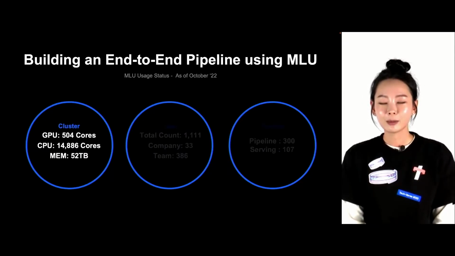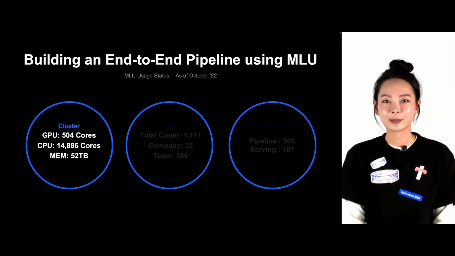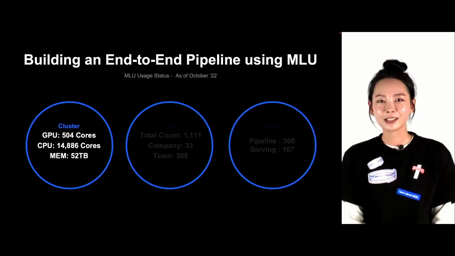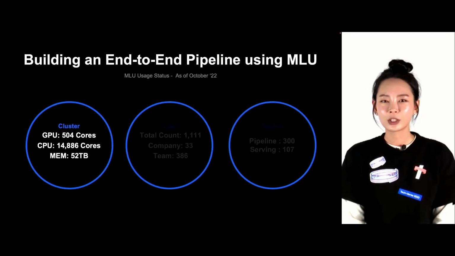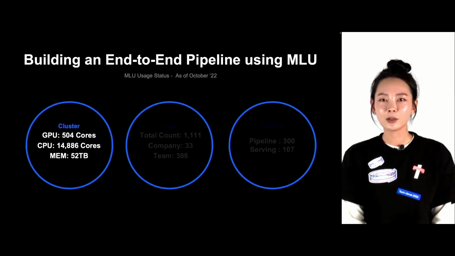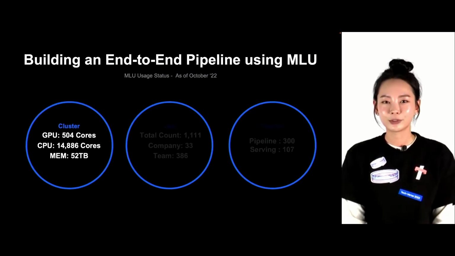MLU supports not only the VOOM recommendation model, it provides support to build pipelines for machine learning model teams. Based on cost estimation criteria of cloud provider A, we provide support for model infrastructure building with 50 billion won's worth of cluster resources.